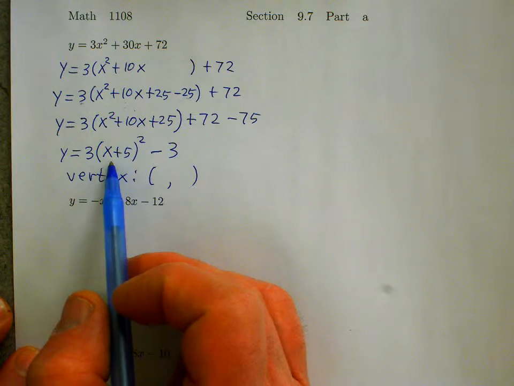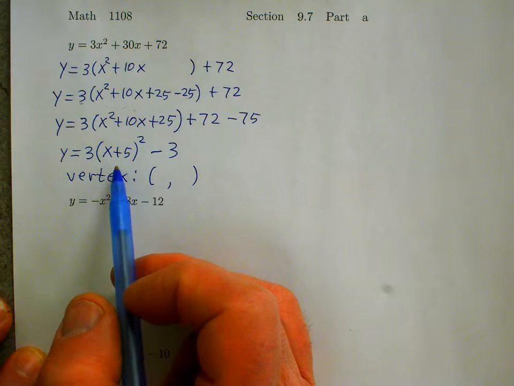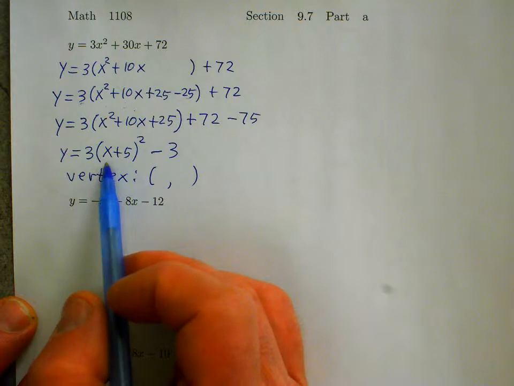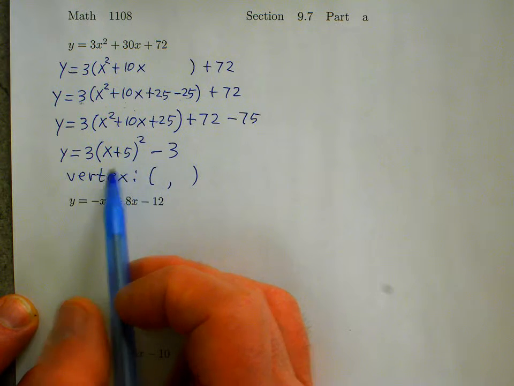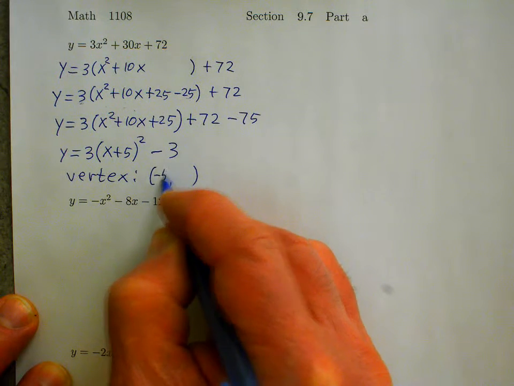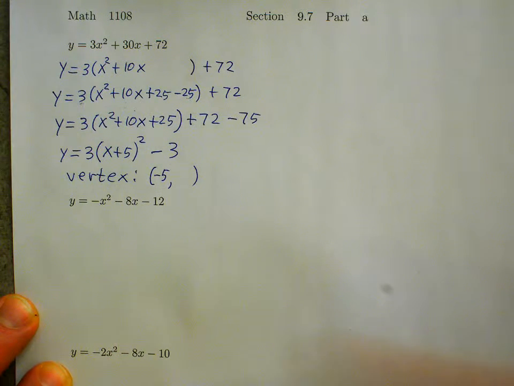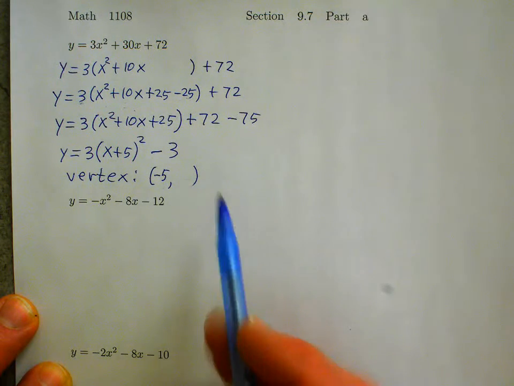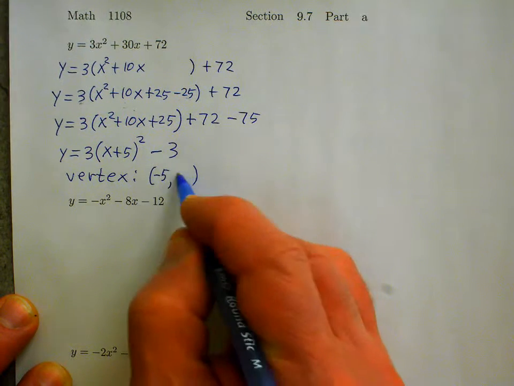So x plus 5 is equivalent to x minus negative 5. We don't write x minus negative 5, but that's what we're thinking. So the x coordinate of the vertex is negative 5. And the y coordinate is, in this case, negative 3.